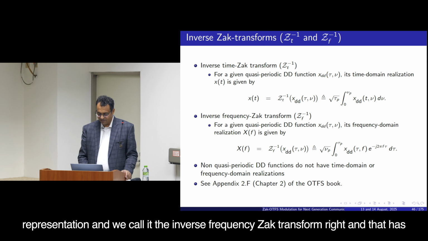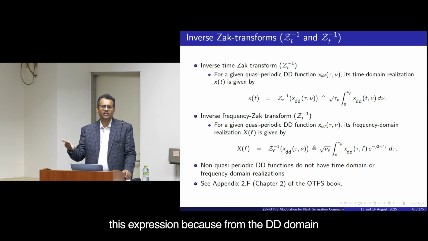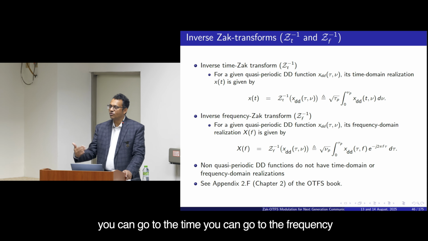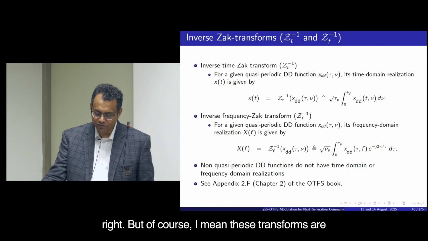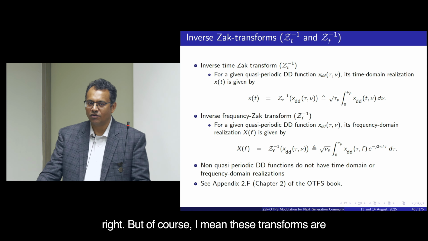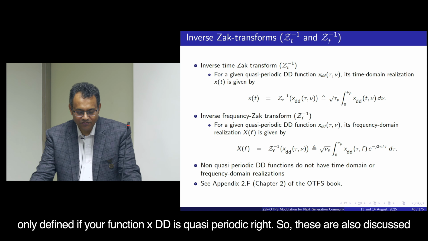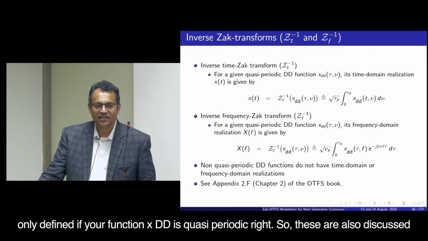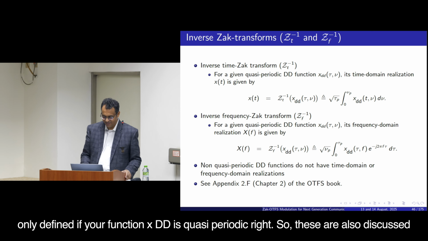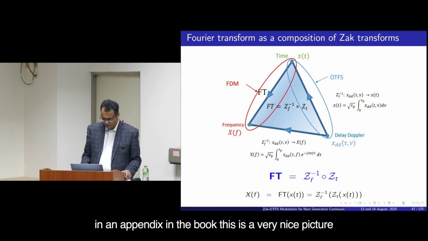And that has this expression, because from the DD domain you can go to the time, you can go to the frequency, right? But of course, these transforms are only defined if your function x_DD is quasi-periodic, right. So, these are also discussed in an appendix in the book.